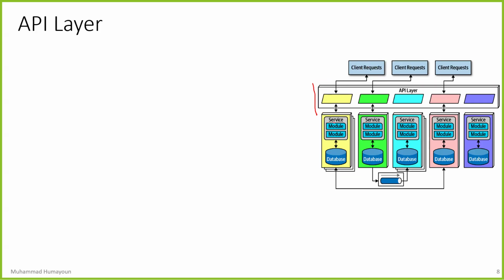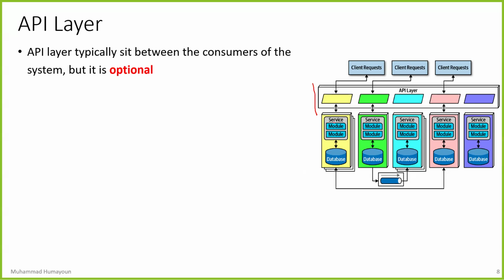You expose your service through some API layer where you put all the security mechanisms, and through this API layer, your functionality is exposed to the outer world in well-defined ways. It's an optional layer, but typically it's better to have it.